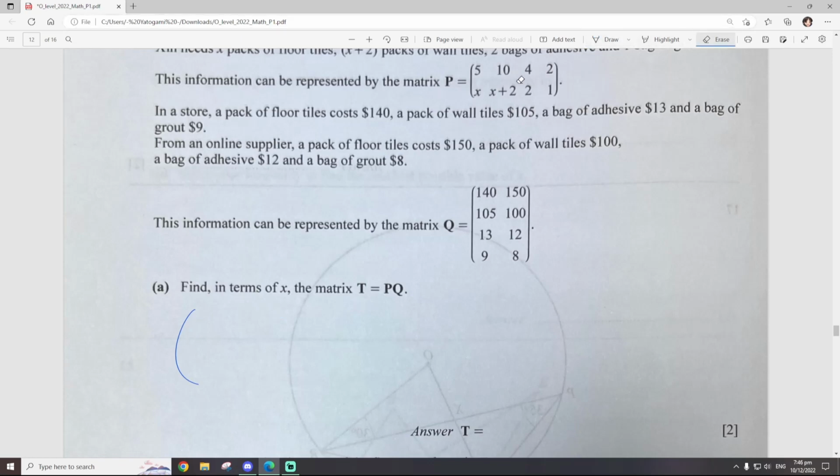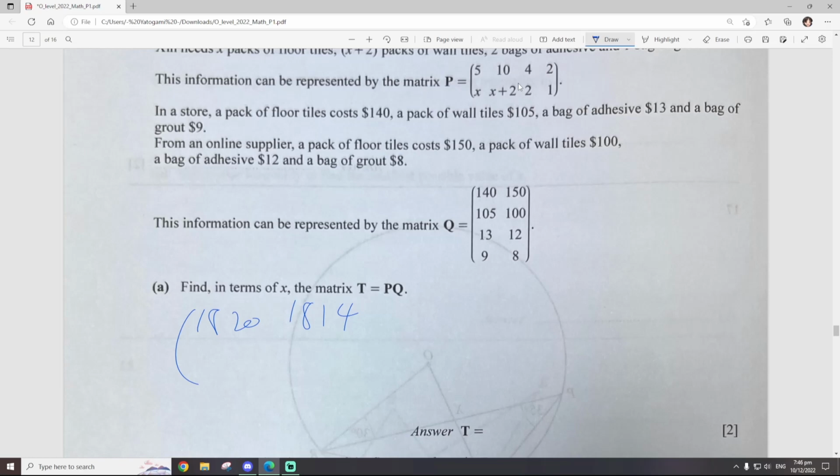So 1,820. And then the next one is similarly 5 times 150 plus 10 times 100 plus 4 times 12 plus 2 times 8. Okay. You get that idea, but I'm going to be just writing down whatever this is, which is 1,814. Okay. We can also do the same for this.